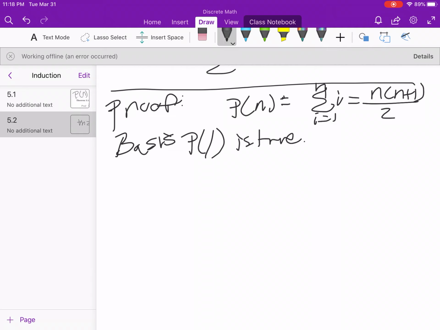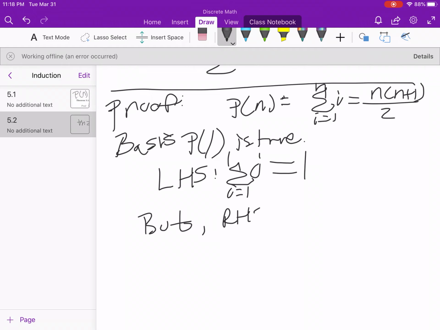How do I do that? Well, one thing to do would be to show that the left-hand side and the right-hand side are actually equal. So what do I have on the left-hand side? Well, that's just the sum from i equals 1 to 1 of i, which is just 1. But we also have the right-hand side. And what's on the right-hand side?